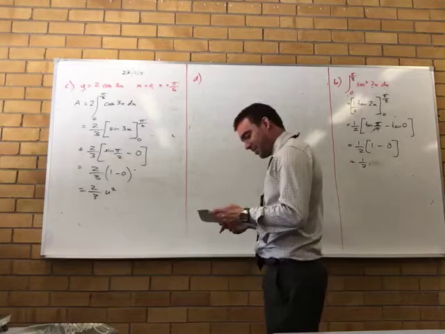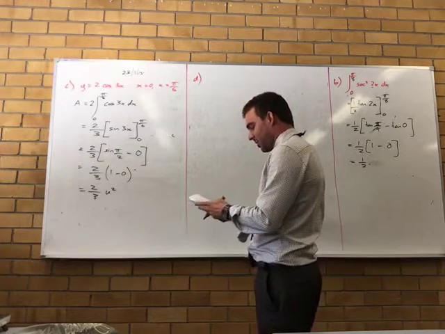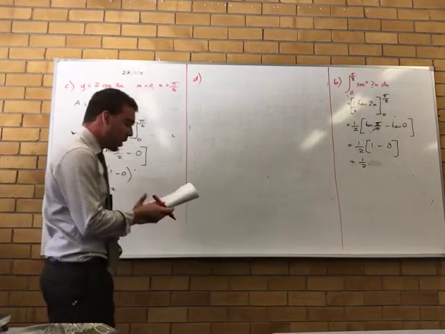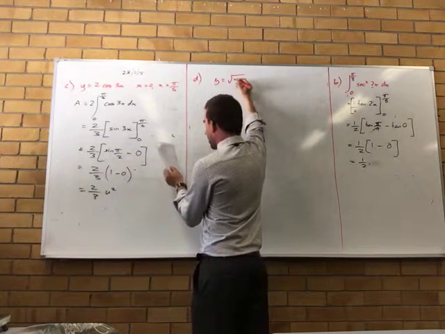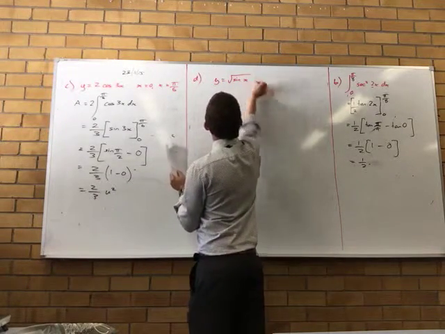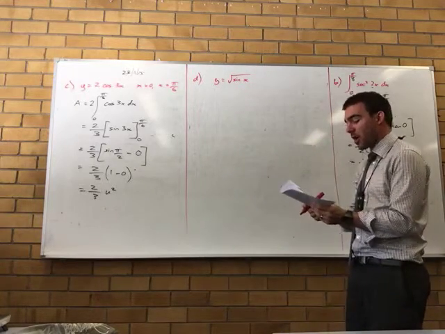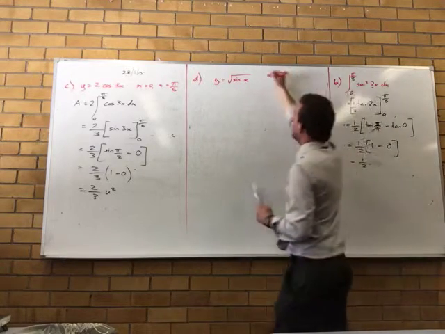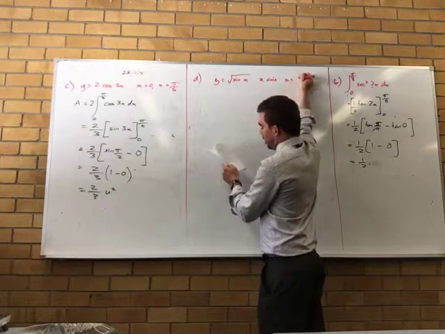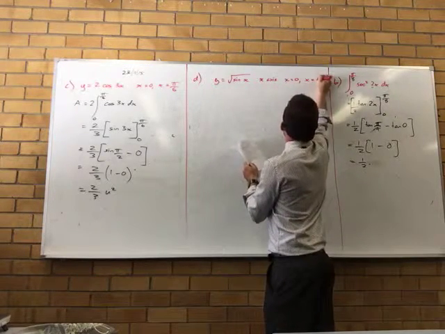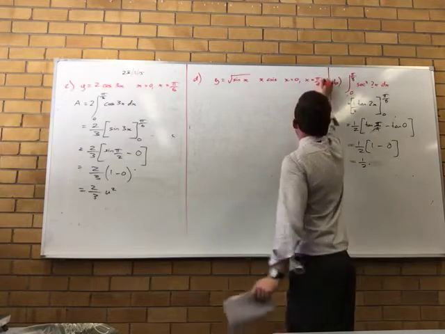Volume. Let's find the volume of revolution formed when the curve y is the square root of sine x is rotated about the x-axis between x is 0 and x is pi on 6.